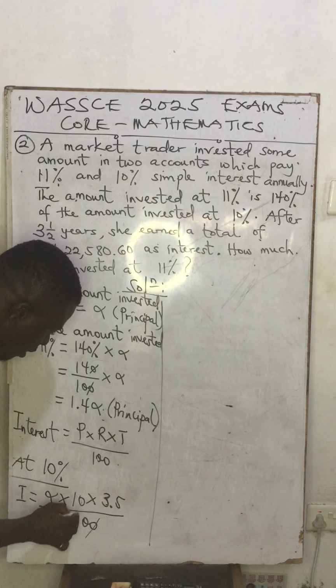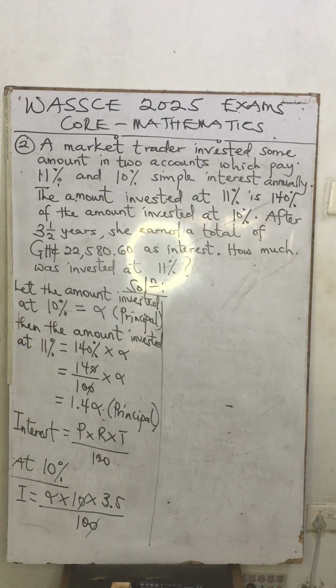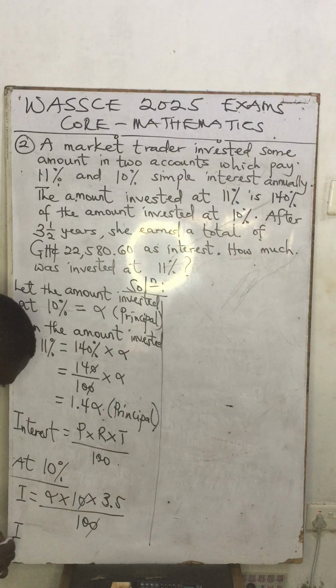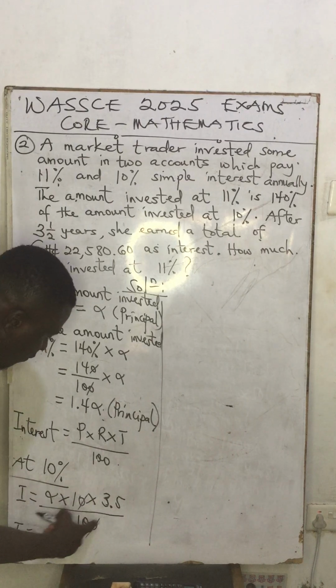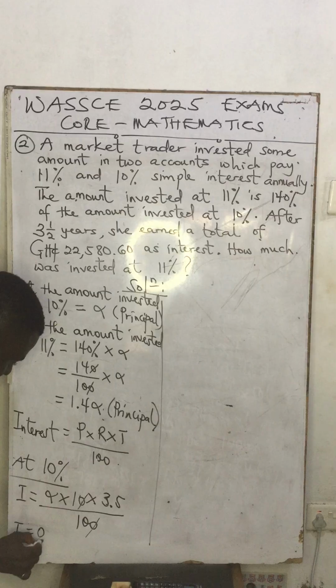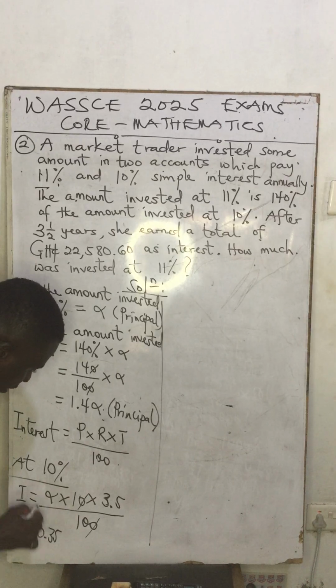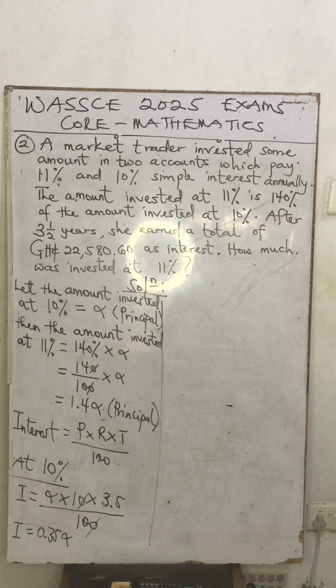Now, the zero cancels the zero, so we have our interest equal to 3.5 divided by 10, which is 0.35 alpha. That's the interest at 10%.